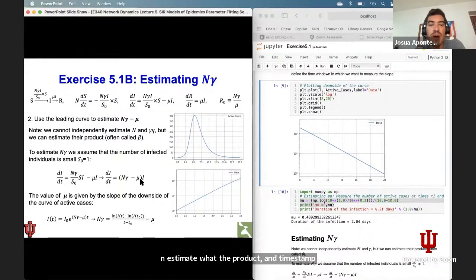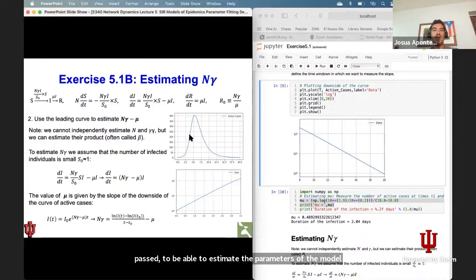Again, notice that if you have no idea what mu is, and you only have the trailing end or the leading end, you still cannot estimate the parameters of the SIR model. And that complicates things from a public health perspective, because you have to wait until the peak of the epidemic has passed to be able to estimate the parameters of the model.